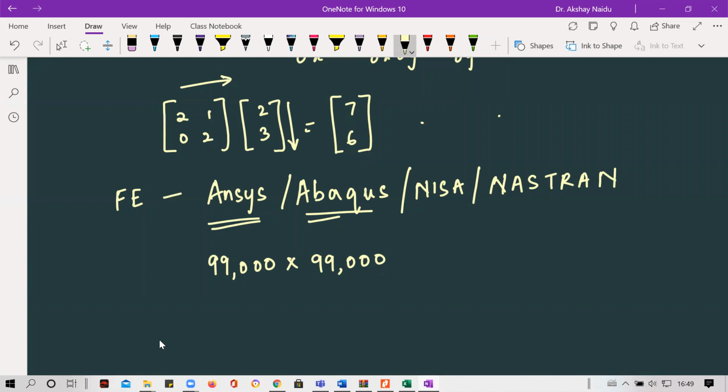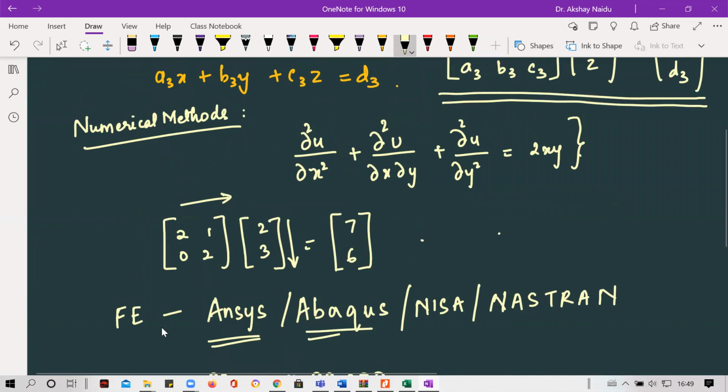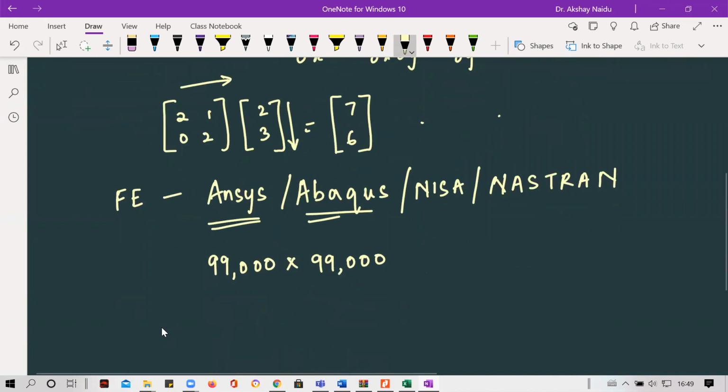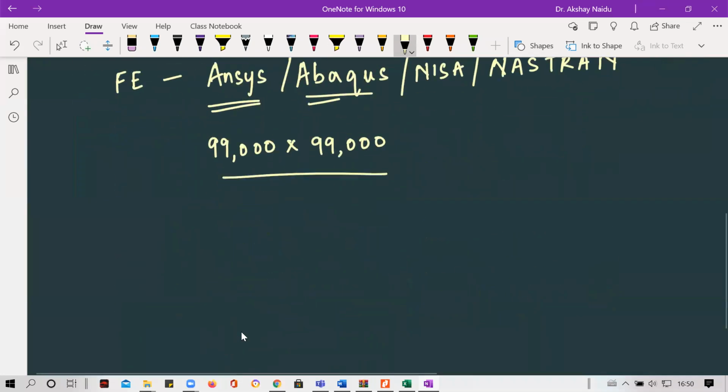After that, it was like, oh, you have to simplify the way you give your input. Otherwise, 99,000 by 99,000 was the size. But now it is unlimited. Now with the computing facilities, we have unlimited.